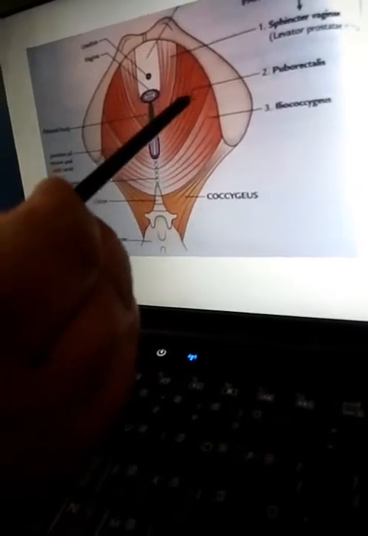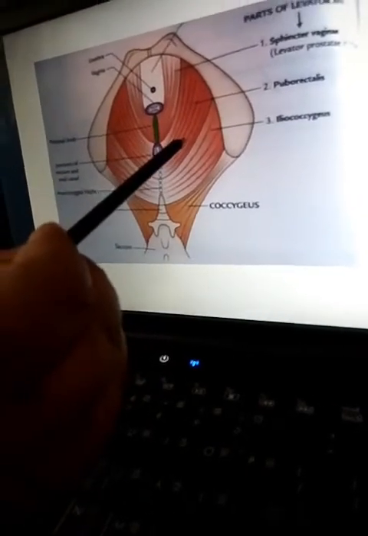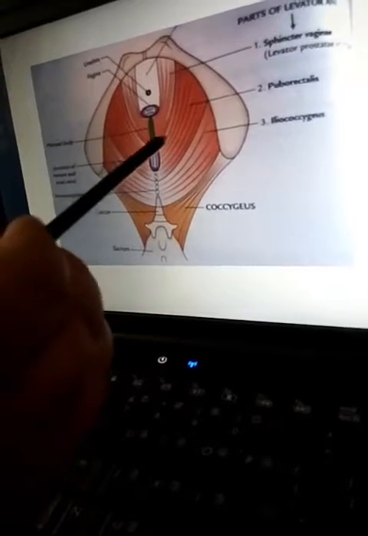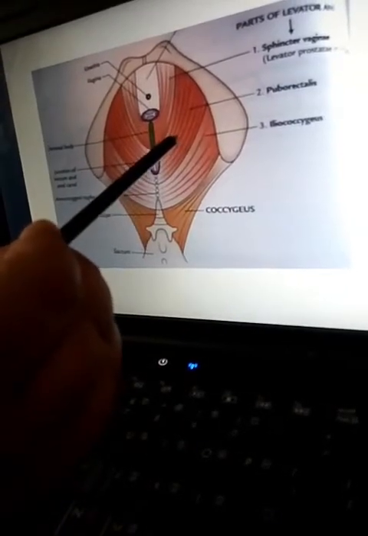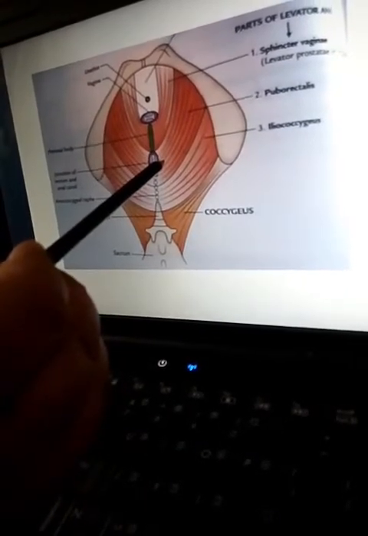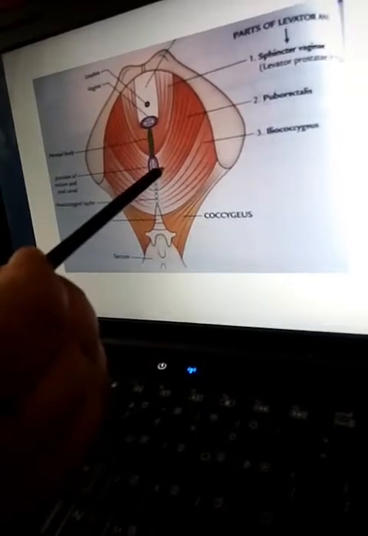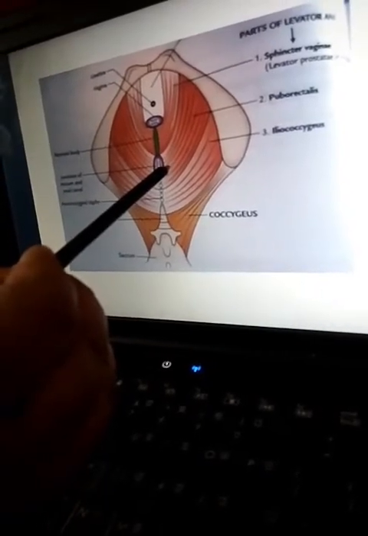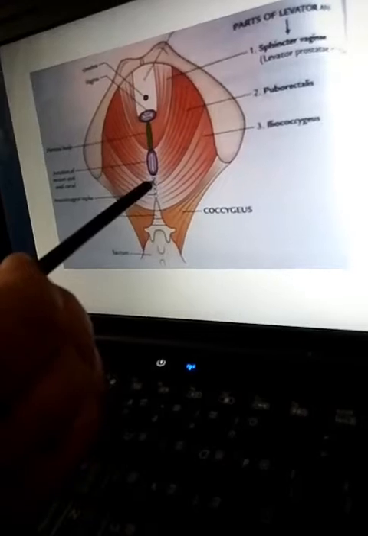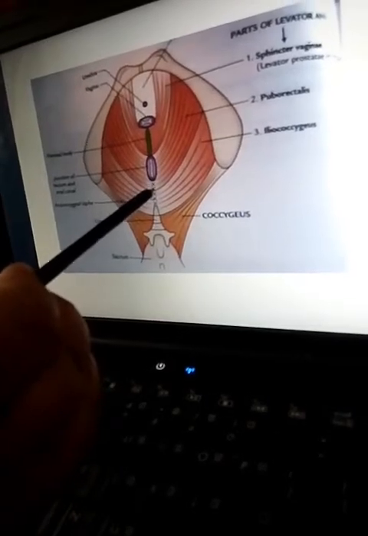The intermediate fibers, known as puborectalis, form a sling around the anorectal junction to be inserted into the anococcygeal raphe.